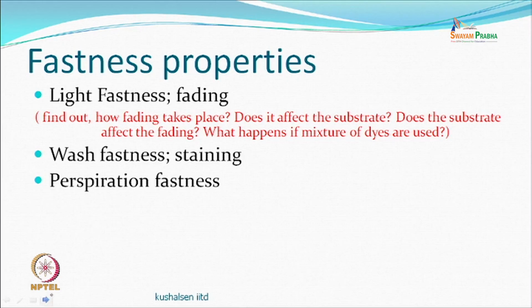Perspiration fastness, of course, is important, and rubbing as well. If you have dyes which are not soluble, which have not reacted, which after the process would be available in particles, even small, or dimers, trimers, and larger things, which become insolubilized after the process is over, they may have a tendency to come out also, because they may be on the surface.